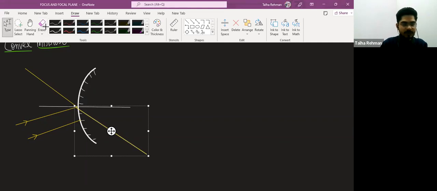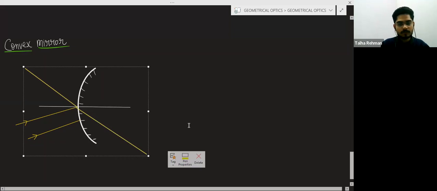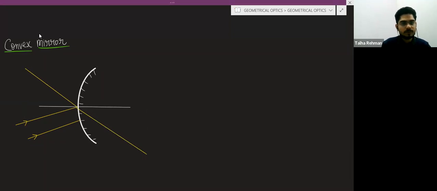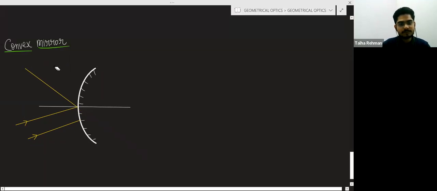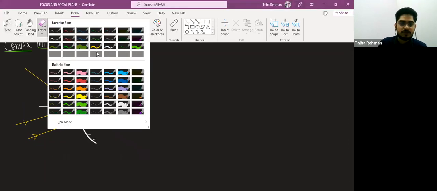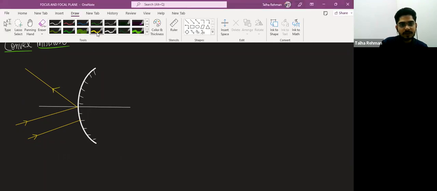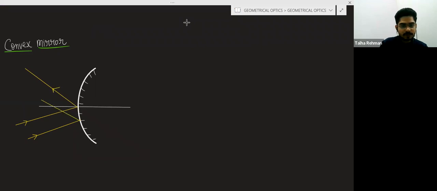So it is always better to draw the ray diagram on the board. Basically, this is the reflection of this ray. Now of this ray, the reflection is taking place, suppose like this.